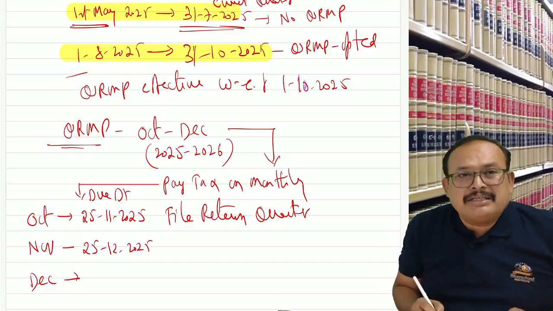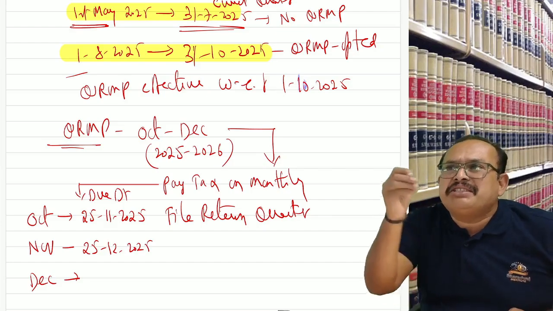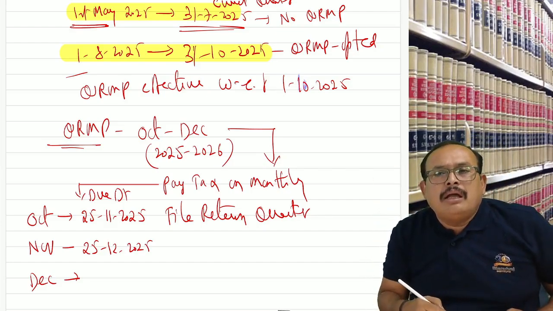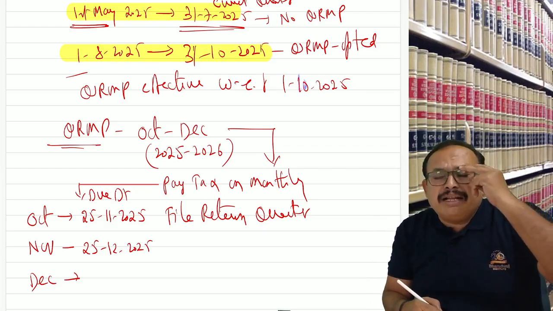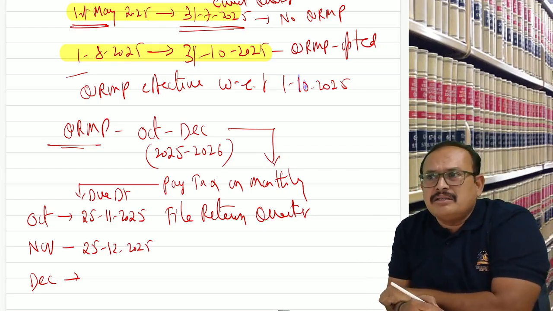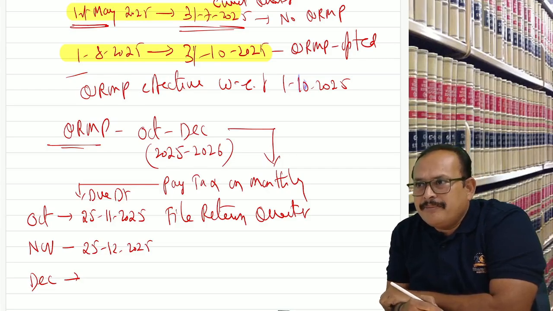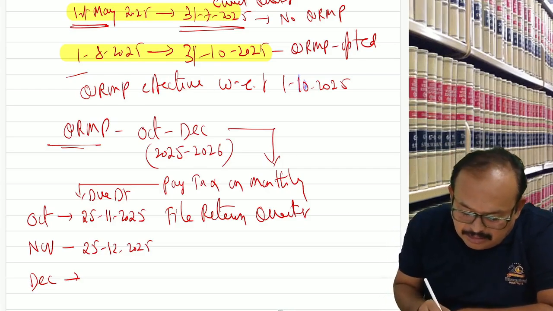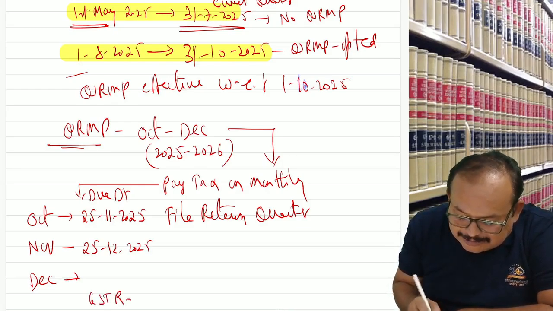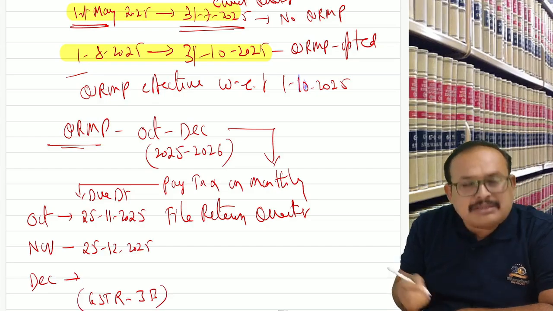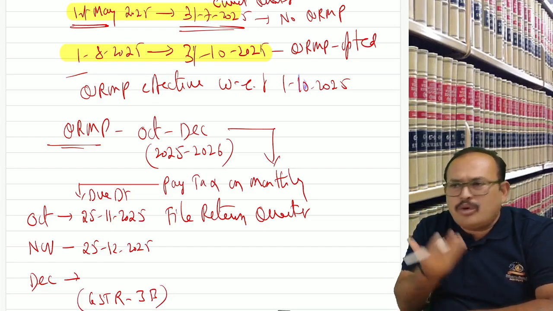For December, the due date is the date of the GSTR 3B. Yes or no? You have to pay, no? File the return for the quarter. Get my point? Now here, what is the due date of the GSTR 3B? Because for the December end, the quarter ends.